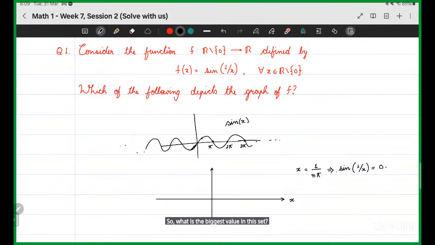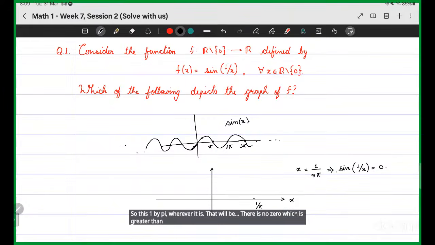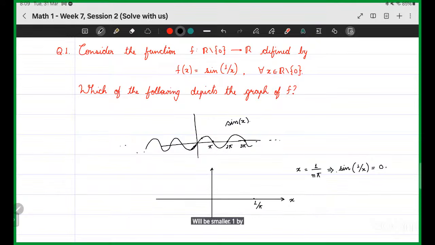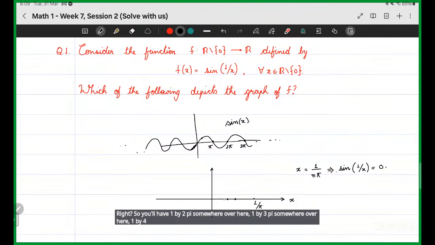This 1 by pi, there is no zero which is greater than that, because 1 by 2 pi will be smaller. 1 by 3 pi will be even smaller, right? So you'll have 1 by 2 pi somewhere over here, 1 by 3 pi somewhere over here, 1 by 4 pi, and so on.